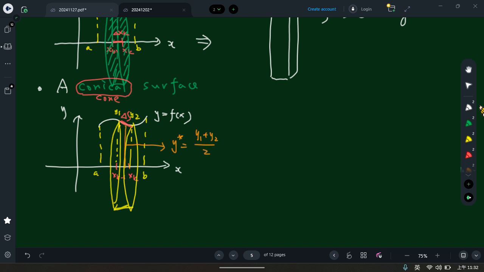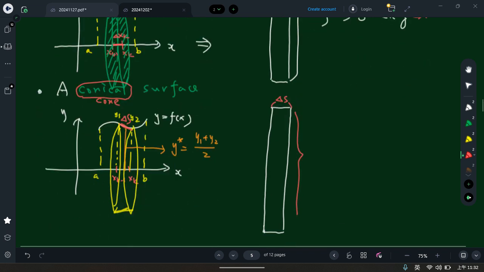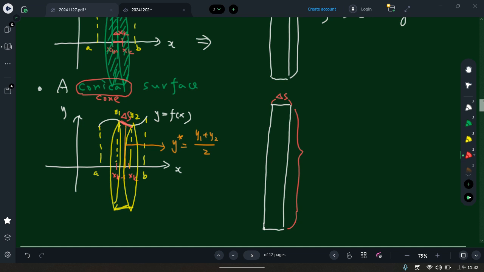The same idea applies to calculating the surface. This time we use delta S as the width, and we use 2 pi y star.